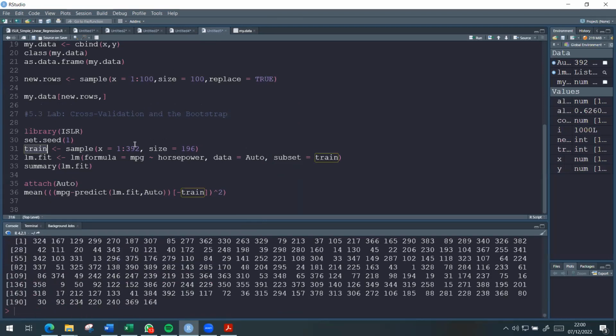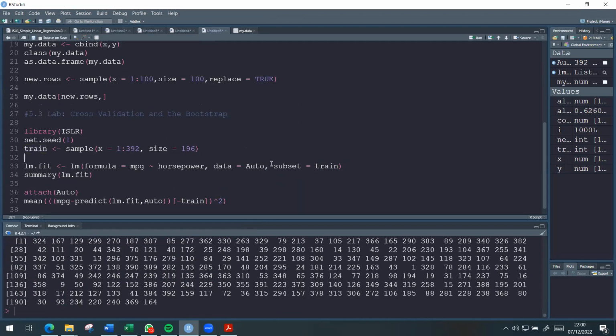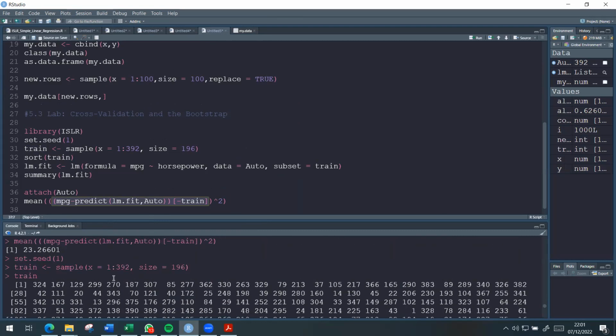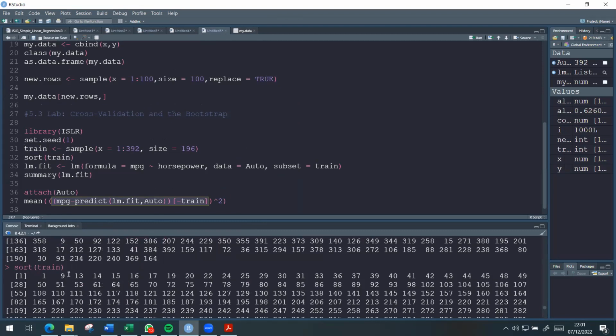Because the strain has these values. Let's sort them in ascending order. As for example, 1, 9, 13. But when I calculate this is 1, 9, 13.